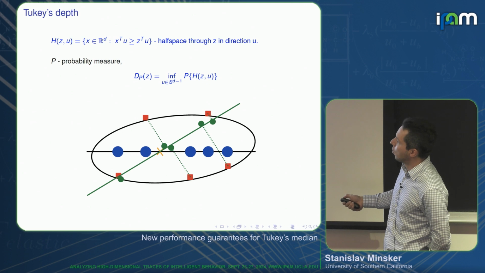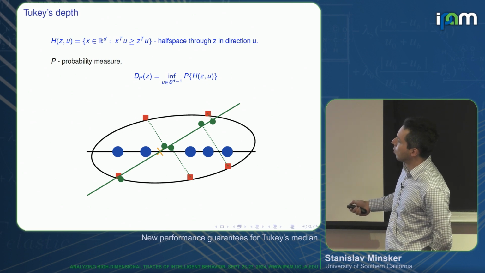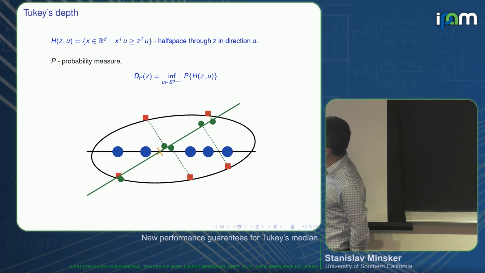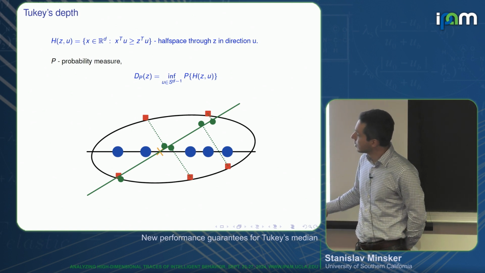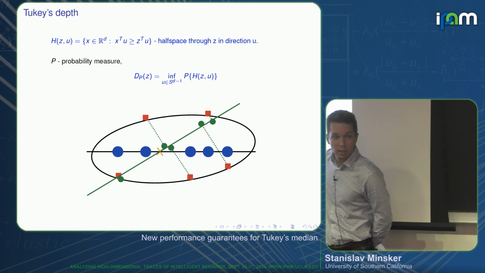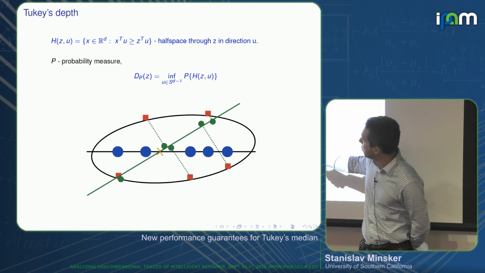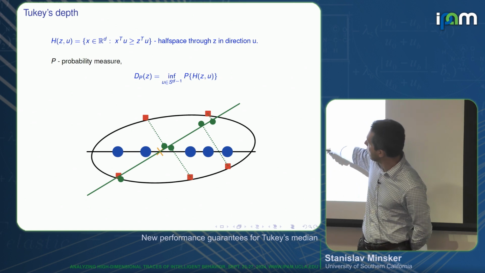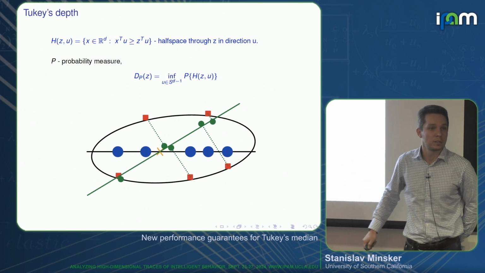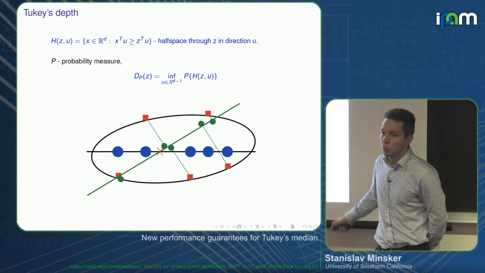Again, I will project all the red squares onto this green line and repeat the process. In this case, what is the depth of this point going to be with respect to the green points? It's going to be 1, right? Because these four points all project on the right. Only a single point is projected on the left of x. So the depth is going to be, in this case, 1/5.